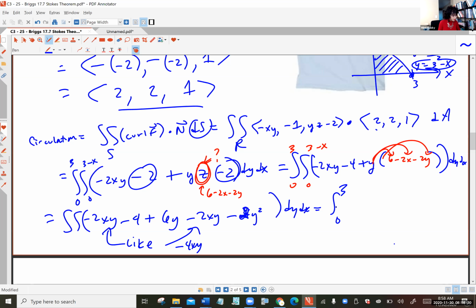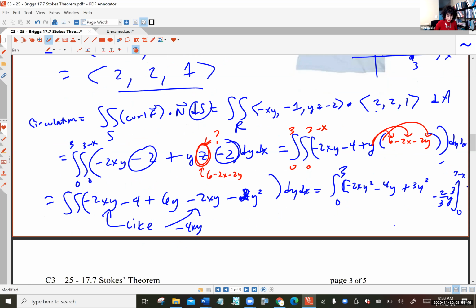When I integrate all of these terms, I'll get minus 2xy squared minus 4y plus 3y squared, minus 2/3 y to the third, going from 0 to 3 minus x.